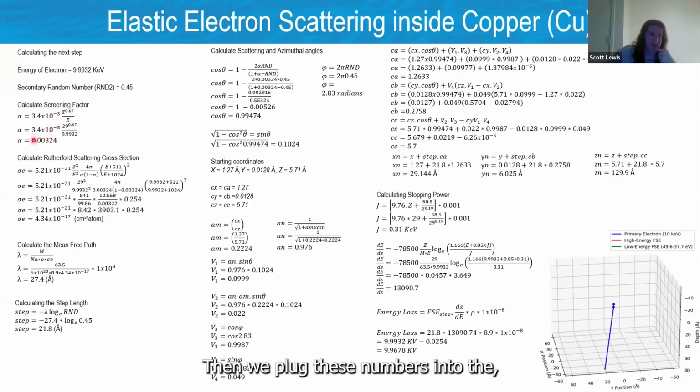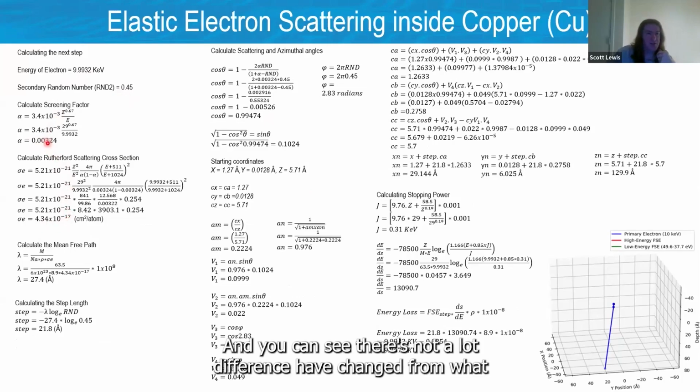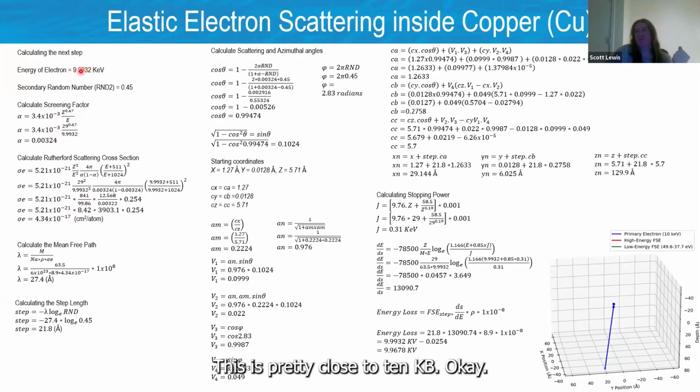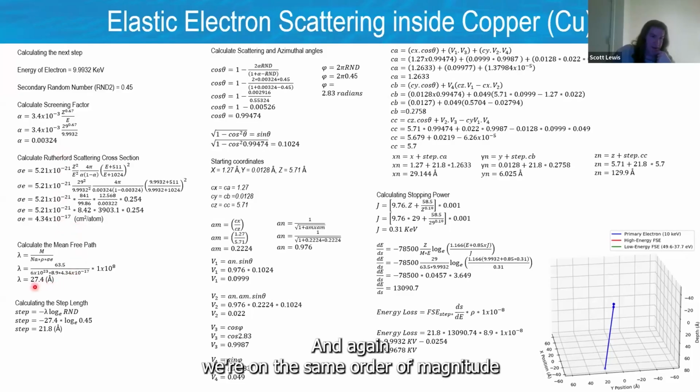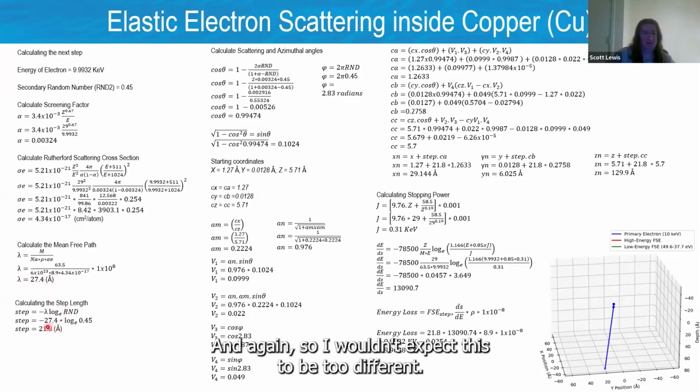Then we plug these numbers into the screening factor, the Rutherford, and you can see there's not a lot of change from what we had last time, and I wouldn't expect so, because this is pretty close to 10 kV. Okay, so not a lot has happened, and again, we're on the same order of magnitude for the mean free path.